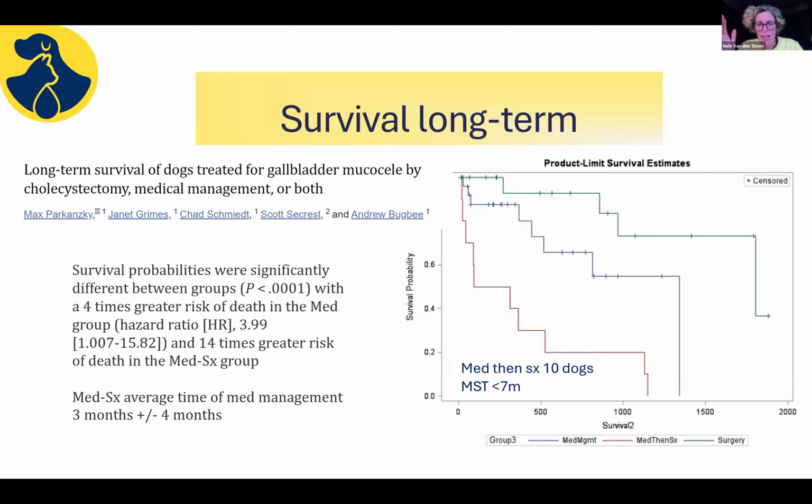Now, when this paper looked at the same patients that went for surgery or medication straight away, a lot of these surgery patients dropped off within the first 2 weeks, and they're not included in these later statistics. So if they looked at the survival time on average from day 0, with all the dogs included, there was no significant difference between medication and surgical survival, okay?